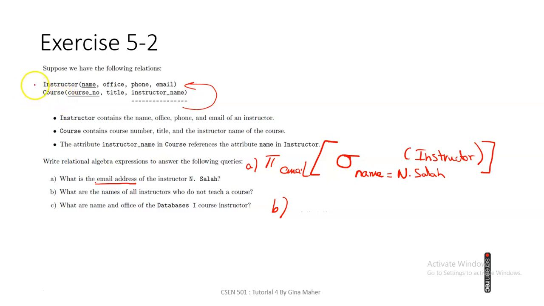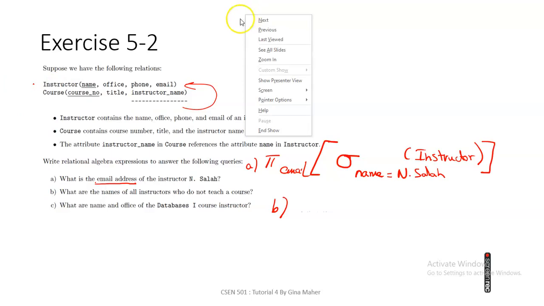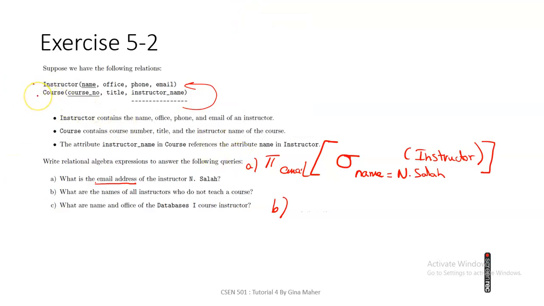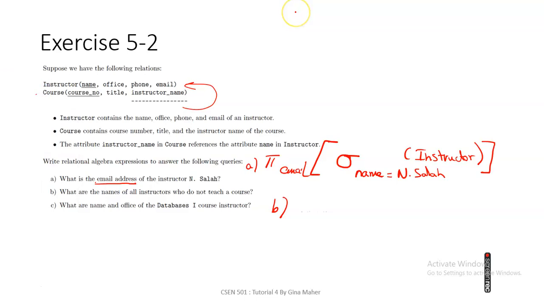Okay, so here we have all instructors and here we have the instructors that teach a certain course. How can we get the instructors that do not teach any courses?